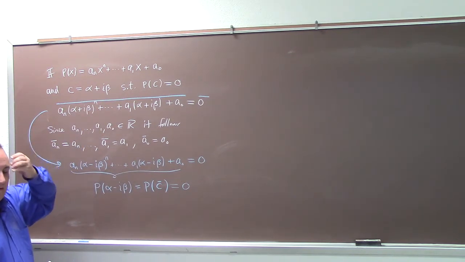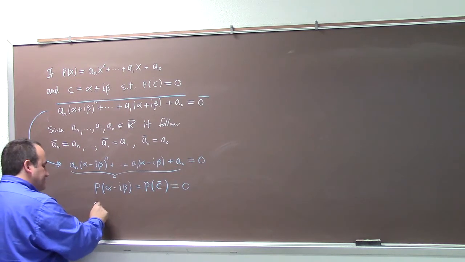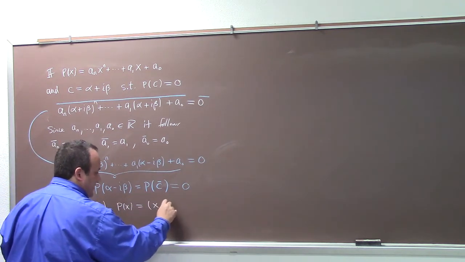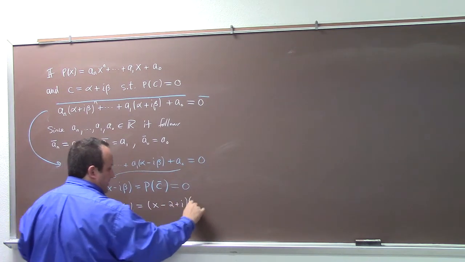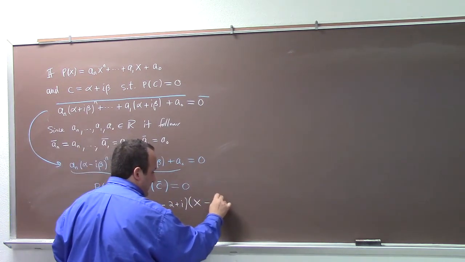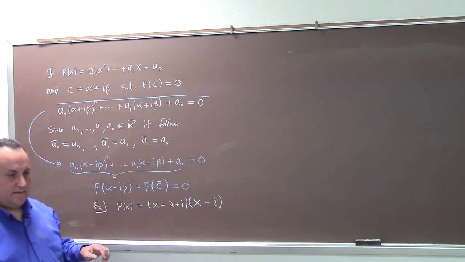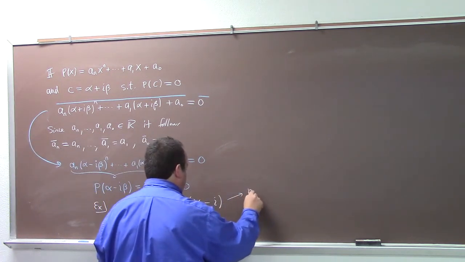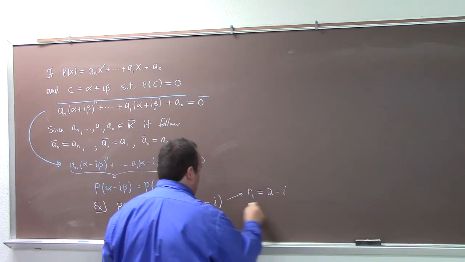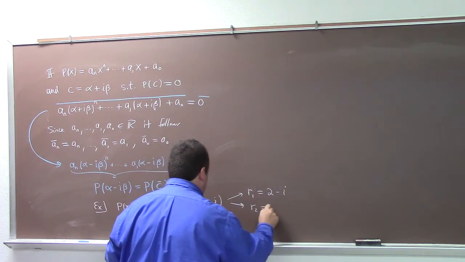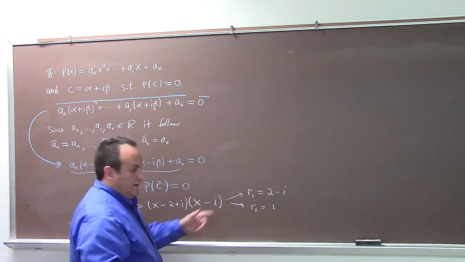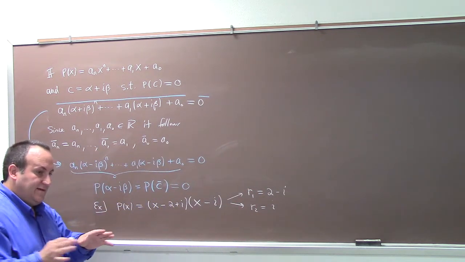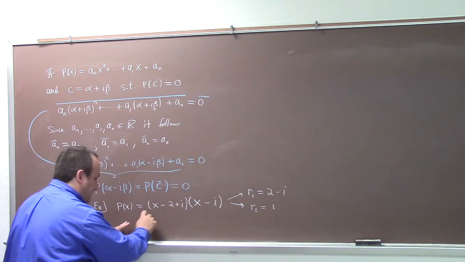For example, p of x equals x minus 2 plus i times x minus i. Here, what would the roots be? Root 1 is 2 minus i. Root 2 is i. These are not a complex conjugate pair, but that's not surprising, because if you multiply this out, what do you get?